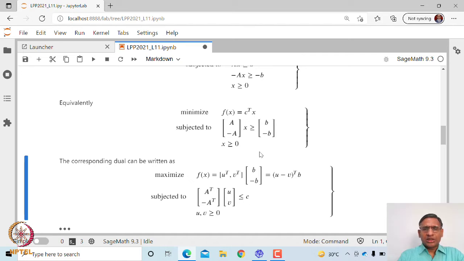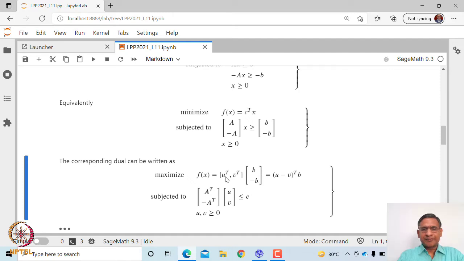So now the constraint will become A transpose, minus A transpose, times u, v, which is the same as saying A transpose u minus A transpose v less than equal to c. And here the objective function will become u transpose, v transpose, that is row-wise, times b and minus b.